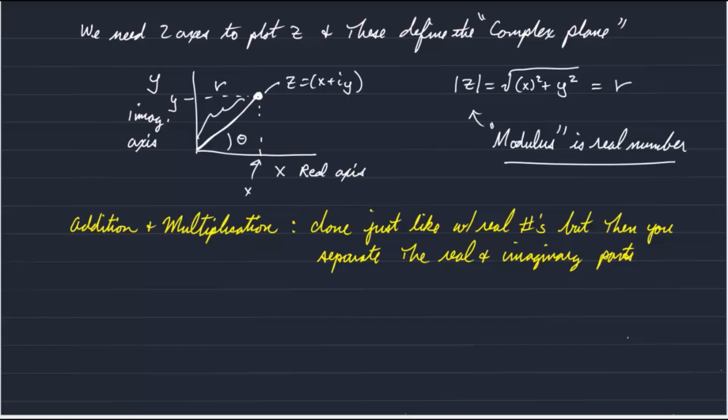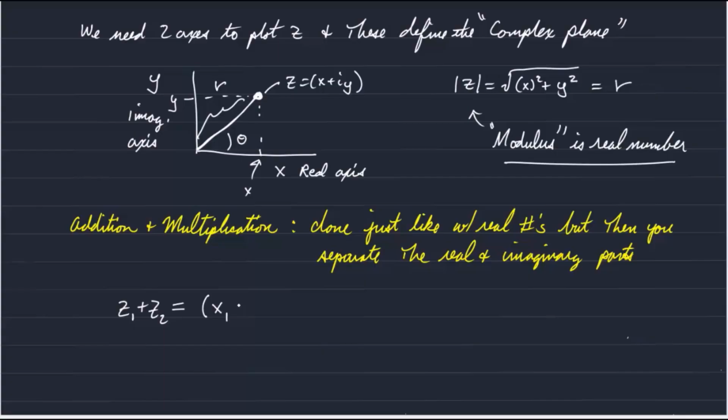Okay, so for example, let's consider the sum of z1 plus z2, using our original description of a complex number. This is our Cartesian description.